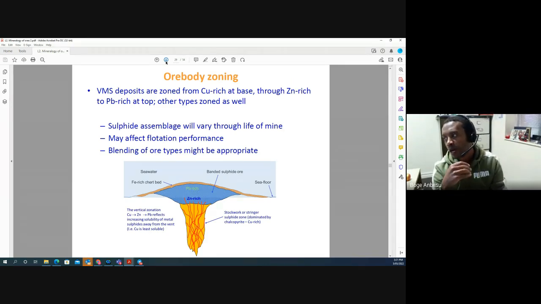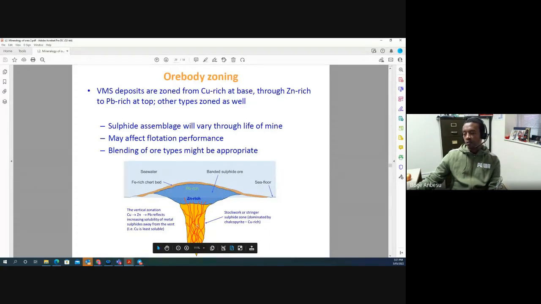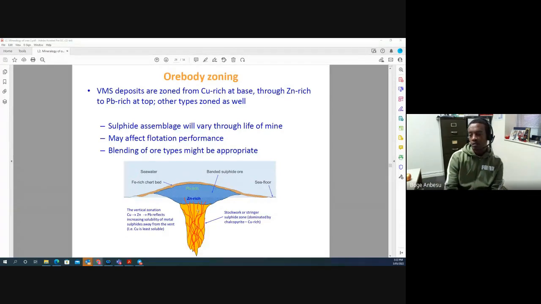So what do we mean by ore body zoning as one of the challenges for VMS deposits, for example? When you look at the deposit itself, because of the way it's formed, you have what we call different zones in the deposit. So the copper is usually found at the bottom of the deposit, and this is to do with the lowest solubility of copper sulfides.